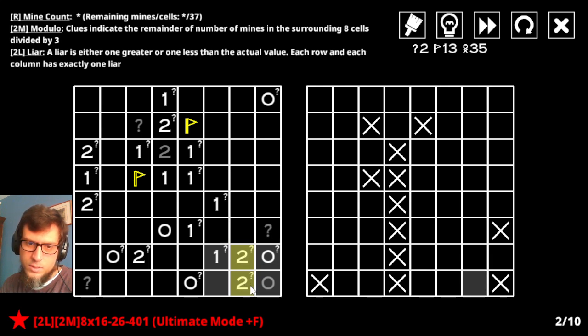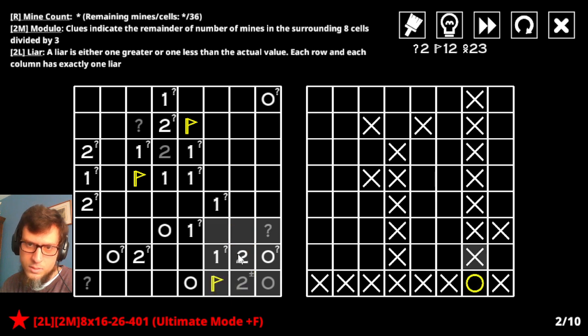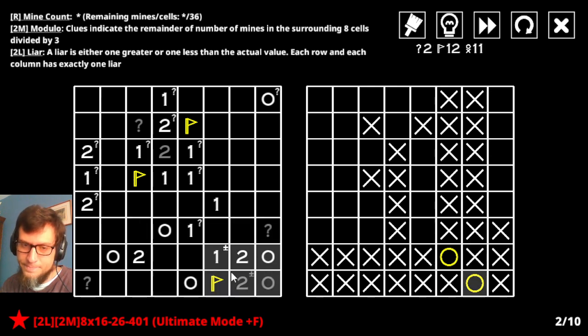And that information tells me that this two's a liar, thereby making this two honest. And one of these two is a mine, which means, oh, and exactly one of those two is a mine, which makes that one a liar. Oh, and that zero's honest then, which means, yeah, okay.